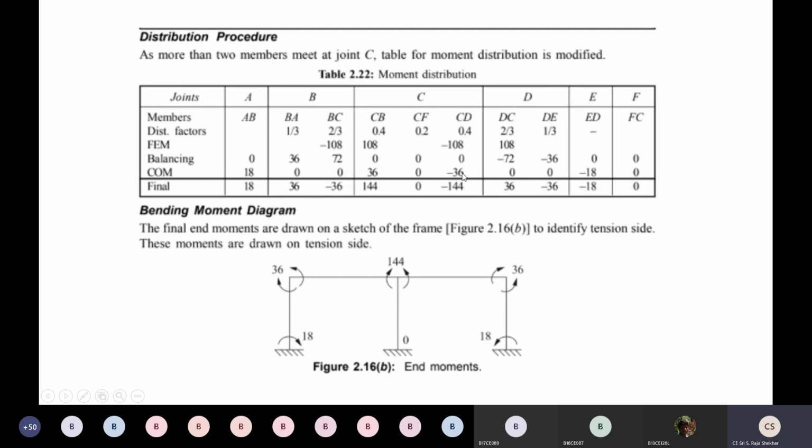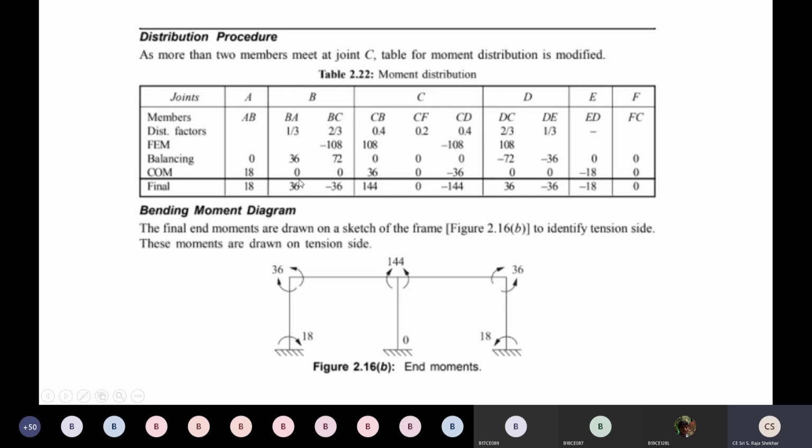Here we are getting minus 36. So minus 36 I am transferring to joint C. Similarly, half of the moment I am transferring to the near joint E.